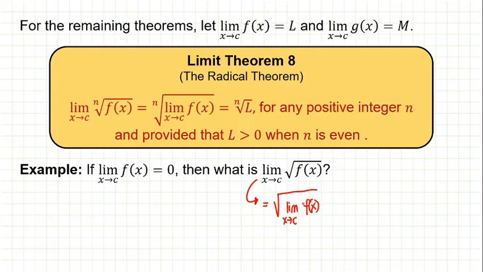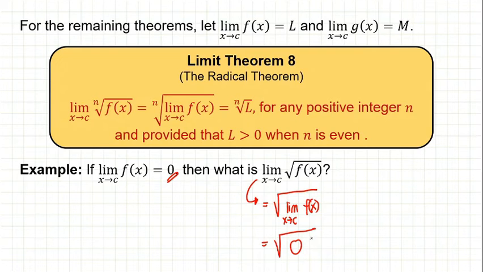Again, here, yung n natin ay even. Okay? So for the limit to exist, dapat yung nasa loob ay greater than 0. So we have here the square root of the limit of f of x, which is 0. So we have 0.